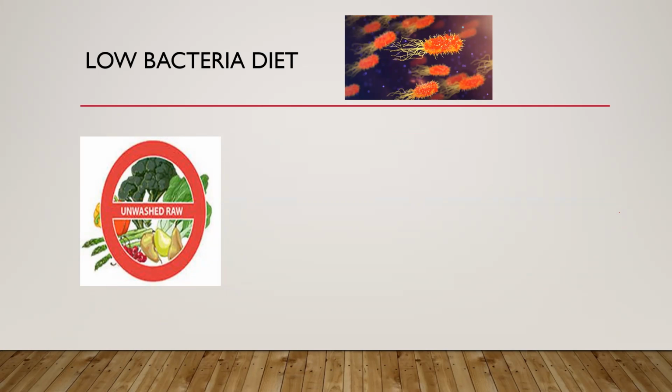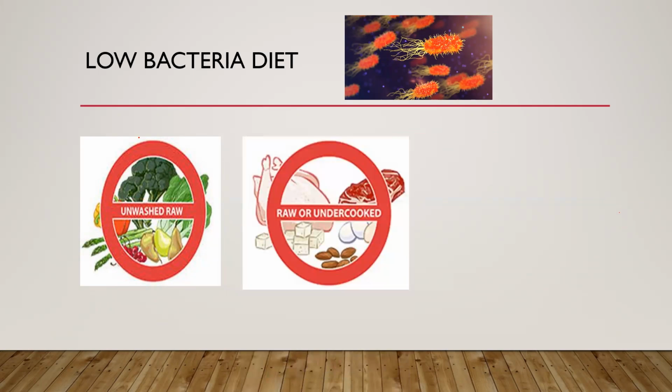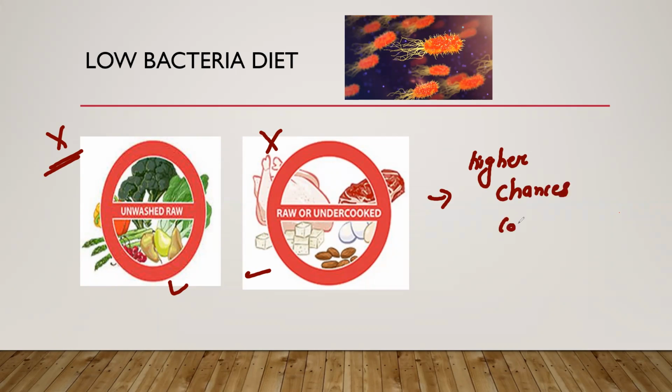Avoid raw vegetables and fruits, and avoid raw and uncooked meat, because both have higher chances of contamination. We can't give unwashed and raw fruits and vegetables, or raw and uncooked food, to the client, because these can increase the risk of bacterial contamination. So we would avoid these kinds of diet, meaning a low bacteria diet.